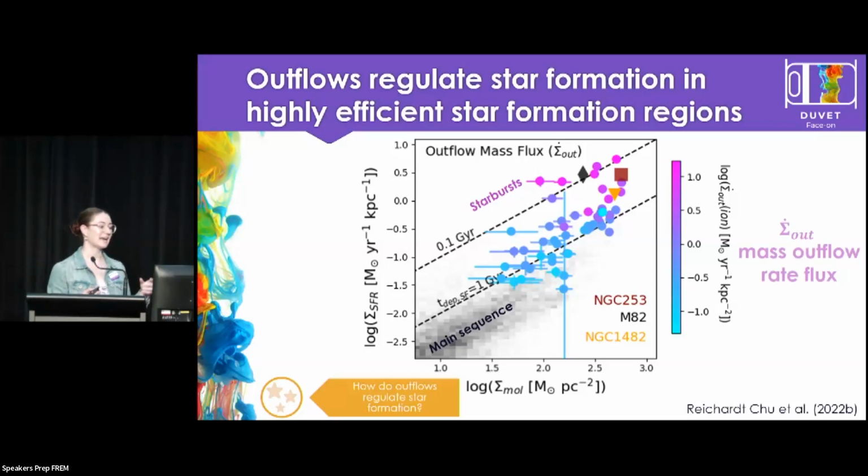So this means that outflows are actually regulating the star formation, particularly in these highly efficient star formation regions. They're actually more efficient at driving outflows than they are at turning gas into stars, which is really affecting the way that star formation is regulated in these areas. This limits the time they can have a short depletion time, which means that eventually these starbursting regions of the galaxy will fall back onto the normal main sequence relation.